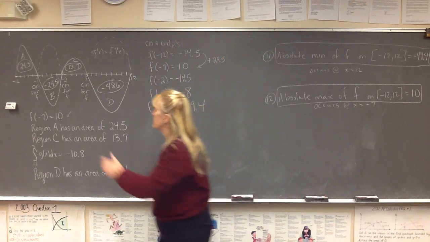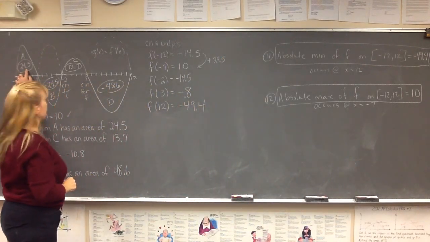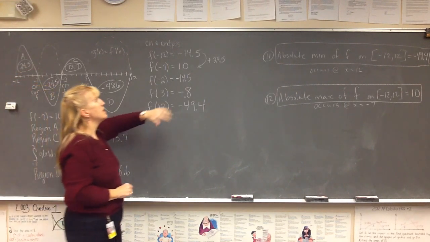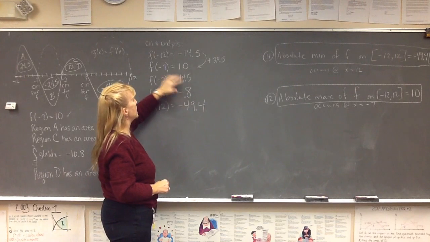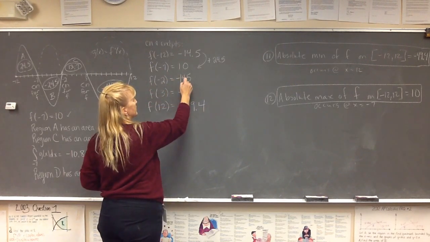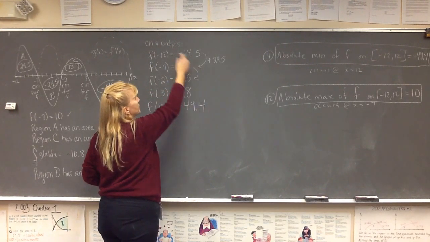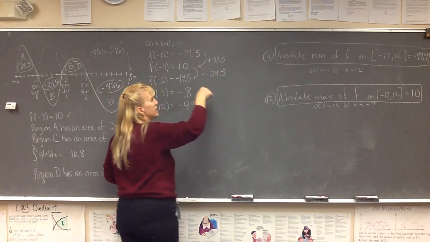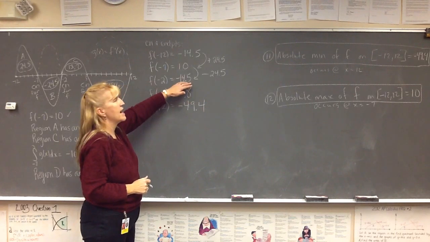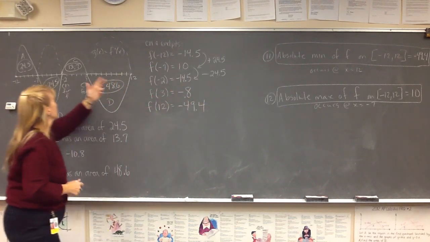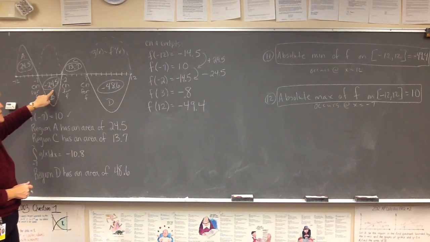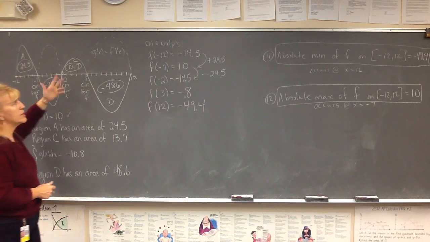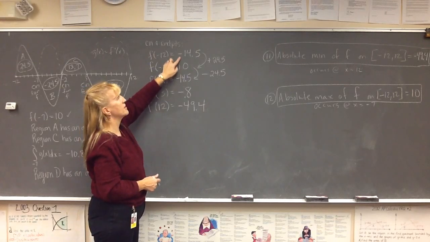And that 24.5 is described right here on the first derivative graph. Then from 10, my function f is decreasing down to negative 14.5, which means I just went back to where I was, right? I just subtracted 24.5 and dropped the function f 24.5 units. And that's what this negative 24.5 means. That means the function f is decreasing by 24.5 units, putting me right back to the same thing that I started with right there.